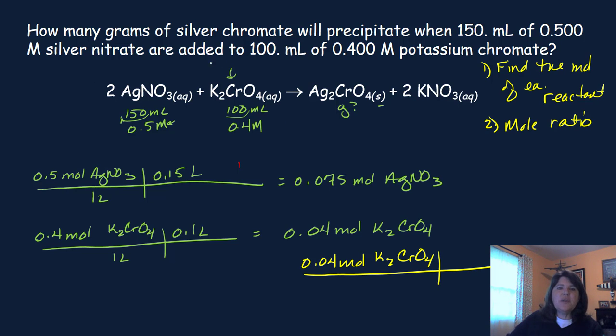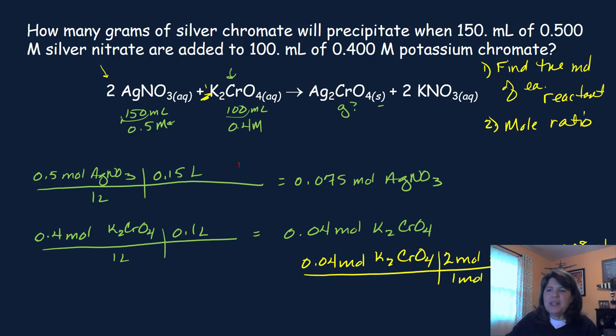According to the balanced equation, for every 1 mole, you see there's that 1 there, of potassium chromate, I have 2 moles of silver nitrate. Which gives me 0.08 moles, that's an 8, come on, of silver nitrate.